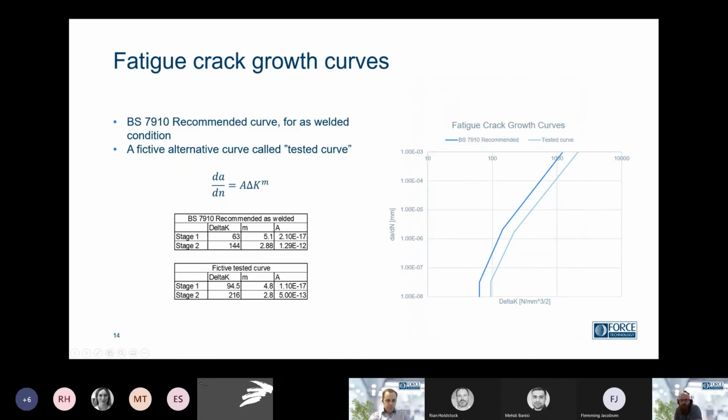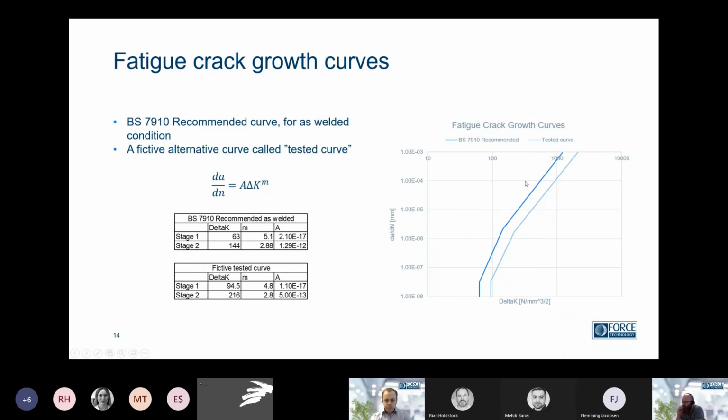I'll go through a few examples. Here I've used the BS 7910 recommended fatigue crack growth curve for the as welded condition, and then I made a fictive alternative curve called the tested curve, where I've increased some of the values, both for the threshold value, and the curve is a little to the right compared to the recommended curve.